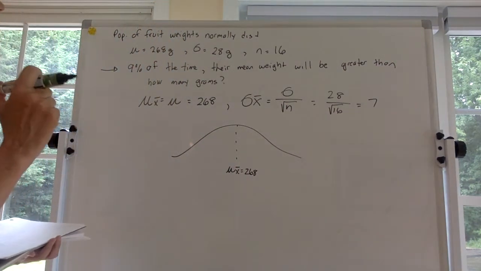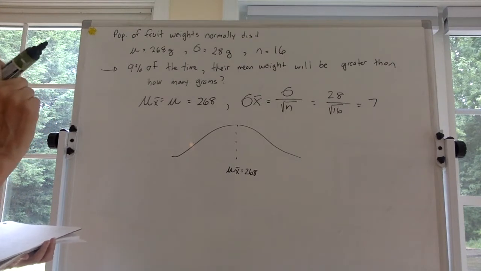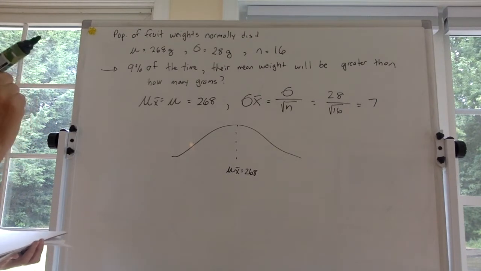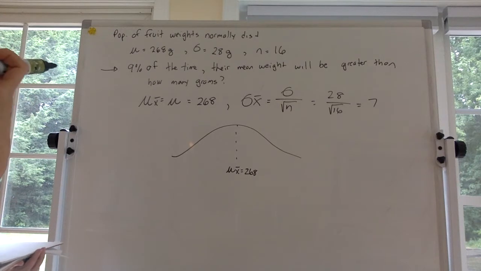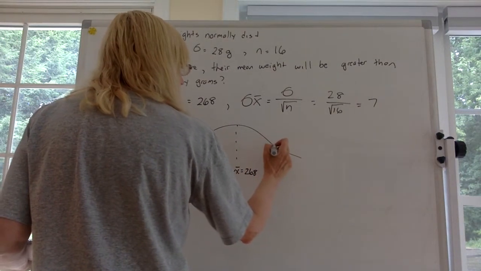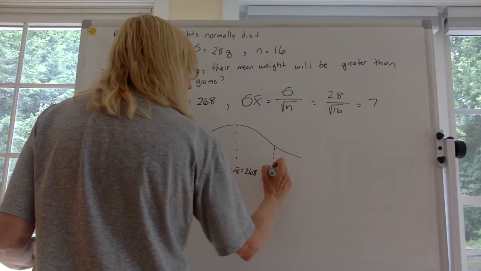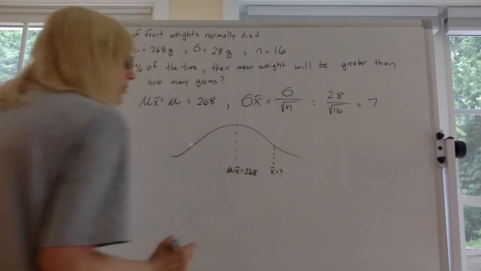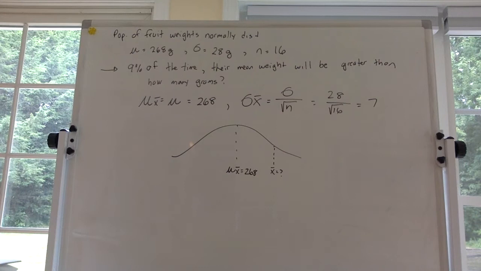The question says 9% of the time their mean weight will be greater than how many grams? So basically, we want to know what mean weight for a sample of 16 will 9% of the time be greater than this value.